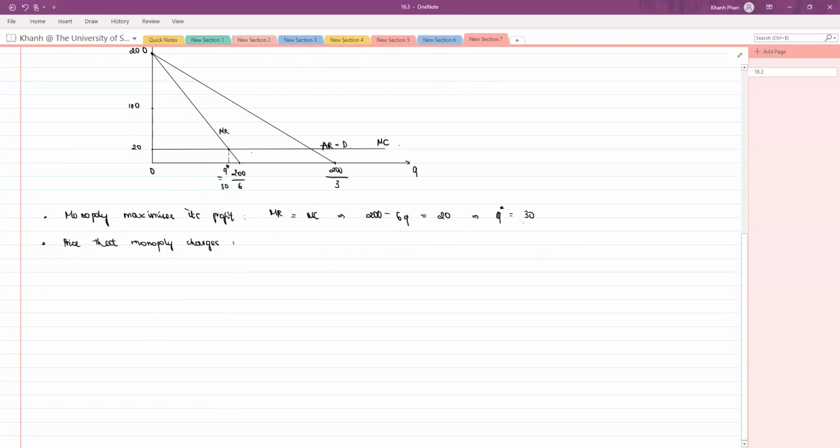So if you substitute Q star back into our willingness to pay or the demand function, that is going to give you the price P star, which is equal to willingness to pay star. And so that is just going to be 200 minus 3Q, which is 3 times 30, this is 90, so that's 110.